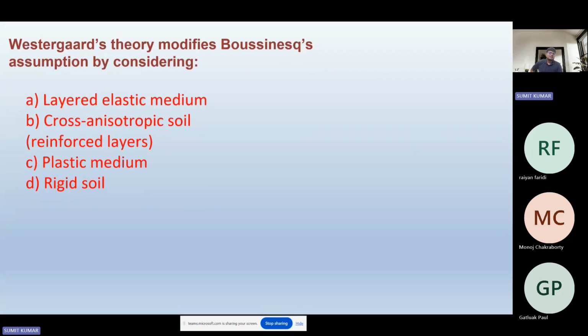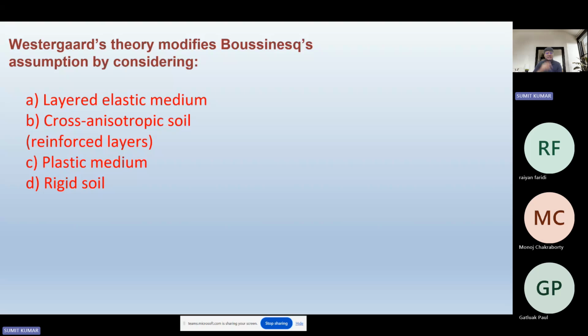The next question asks, the Westergaard theory modifies the Boussinesq assumptions by considering what? We don't have this thing in the slides, but I feel that through problems also some understanding could be developed, so a problem which is not there in the slides is sorted out, because practice through questions is very much important.